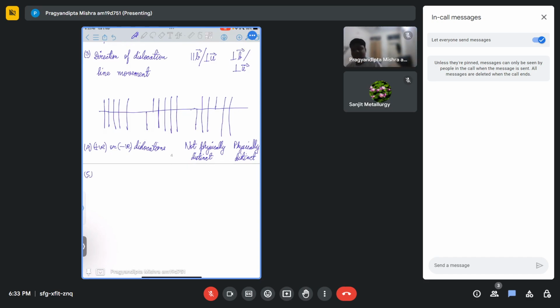Finally, the process by which the dislocations may leave the slip plane. So what do we mean by leaving slip plane with respect to a dislocation?